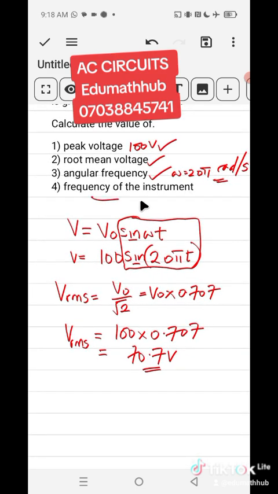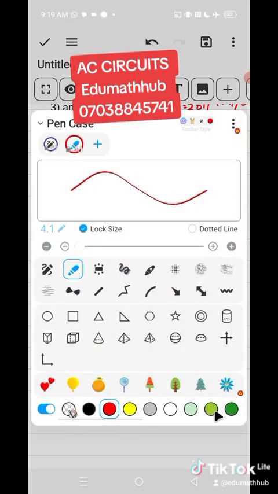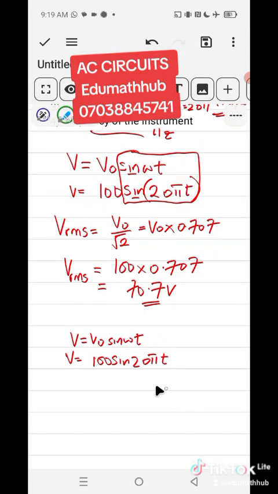Then the frequency of the instrument is the one that you can put as hertz. To know it, let's compare them back. You have V equals V naught sine omega t, the general form. What they gave us is 100 sine 20 pi t. So omega is 20 pi.